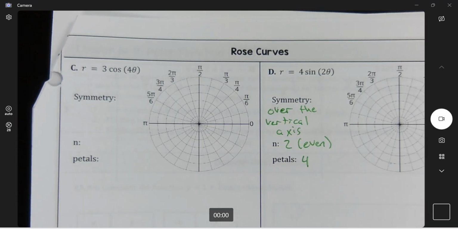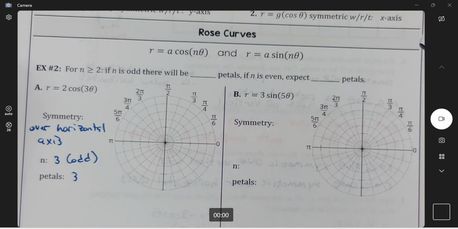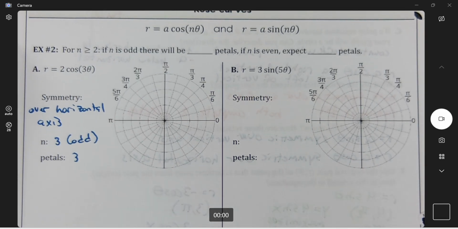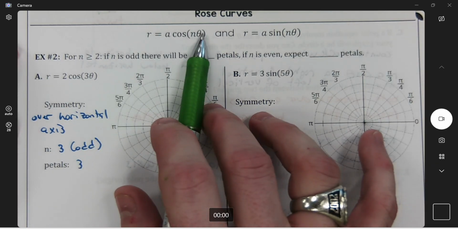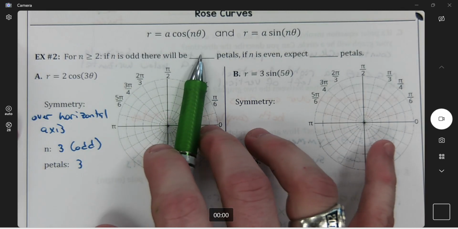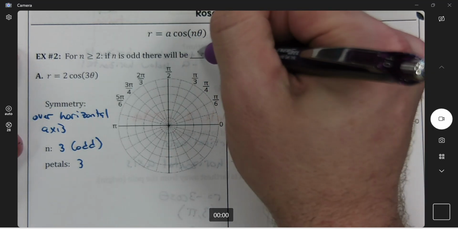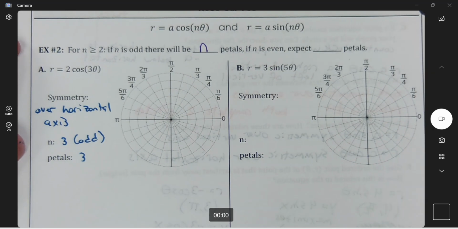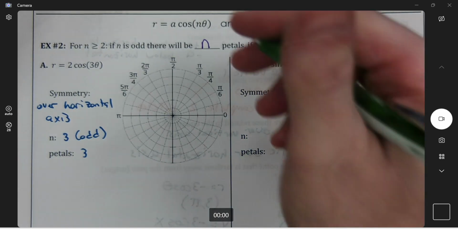Then let's come back. And rather than me just telling you this truth, you could probably tell me. If n is odd, how many petals do you think we'll get? N petals. And the reason why is because you traced the image twice.